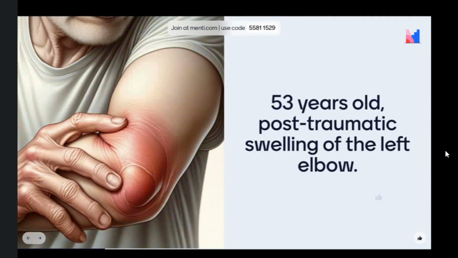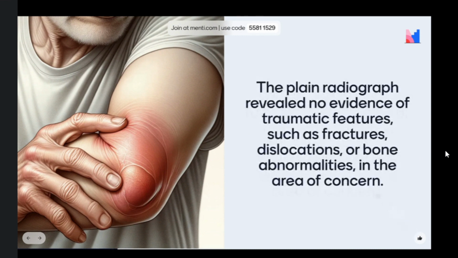So we'll begin with our case. It's a 53-year-old man, and he has a post-traumatic swelling of the left elbow, as you can see. We did a plain radiography and it revealed no evidence of traumatic features, such as fractures, dislocations, or bone abnormalities in the area of concern.